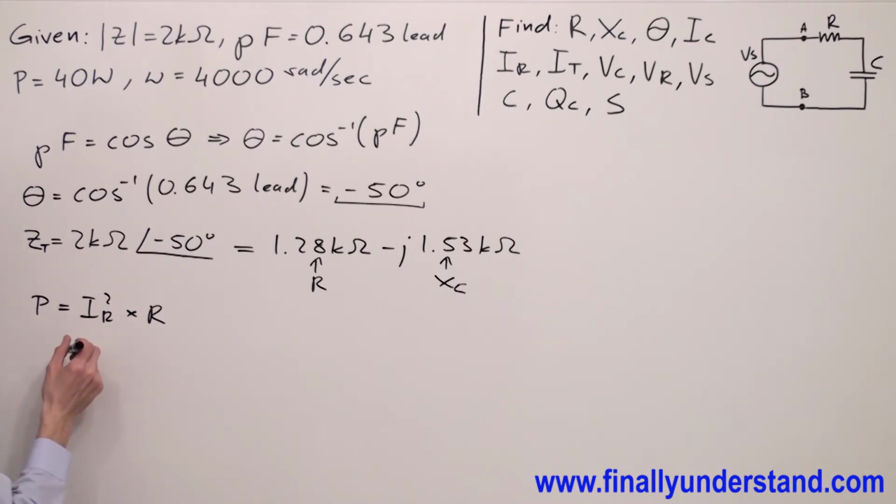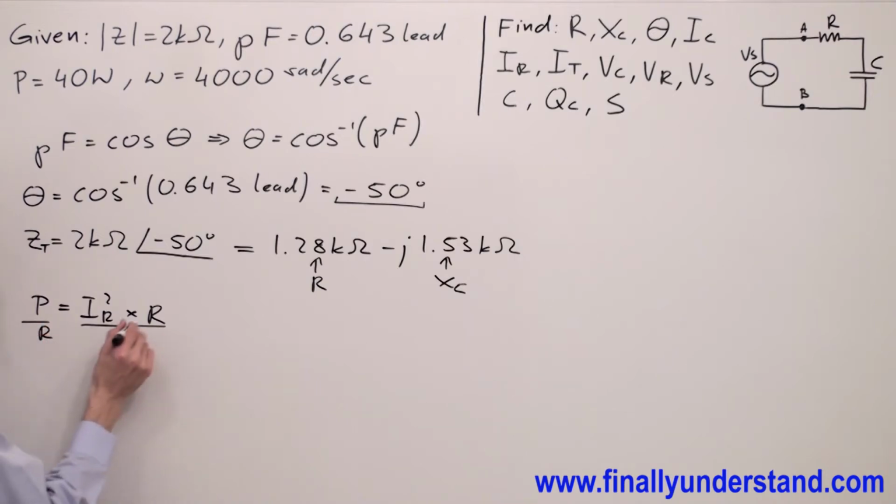You're supposed to simply divide both sides of this formula by resistance.